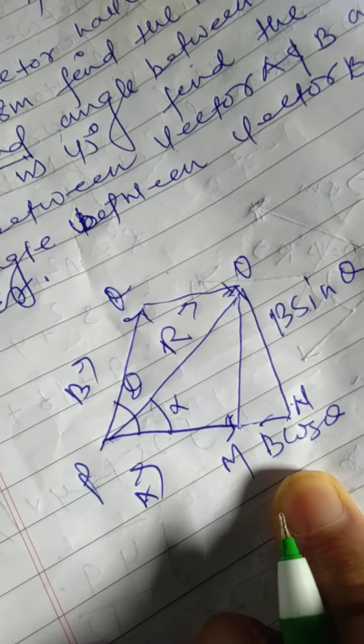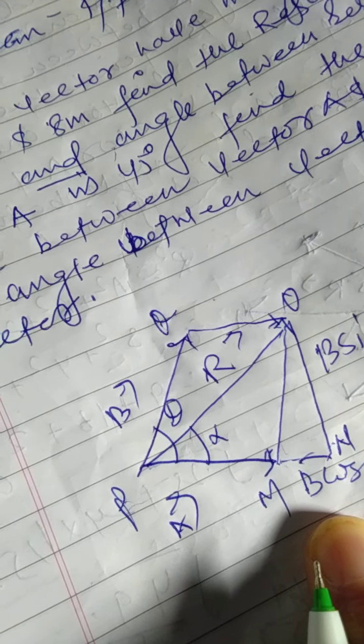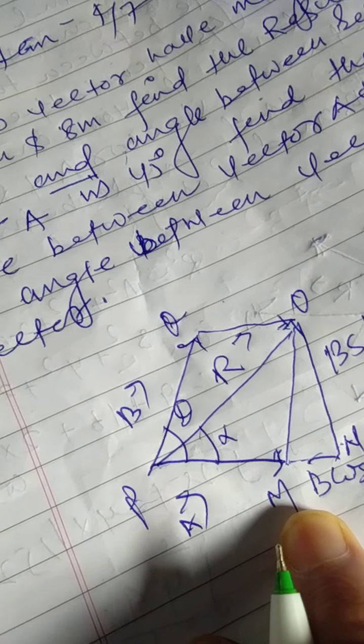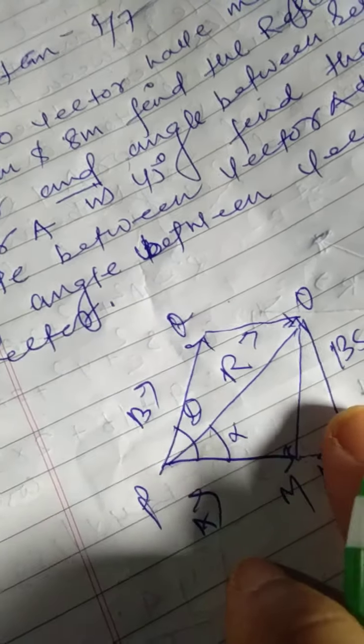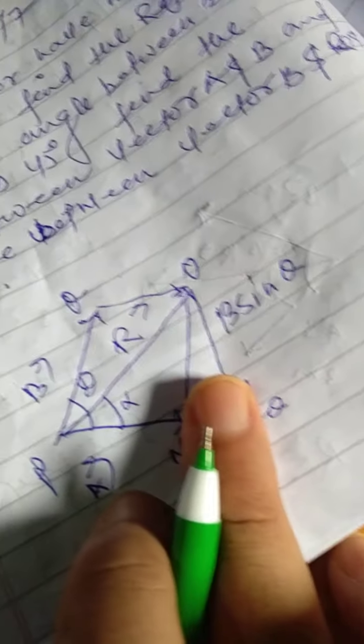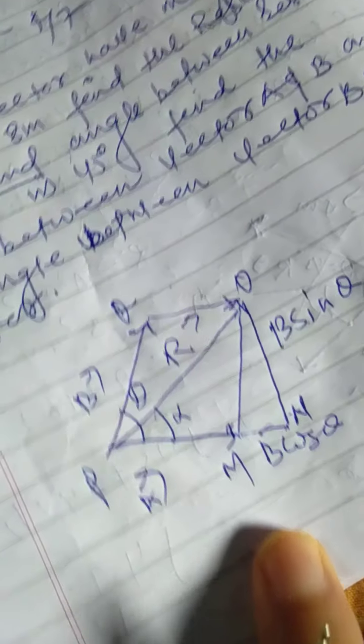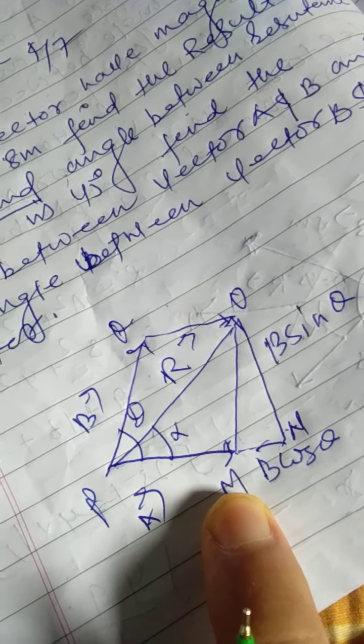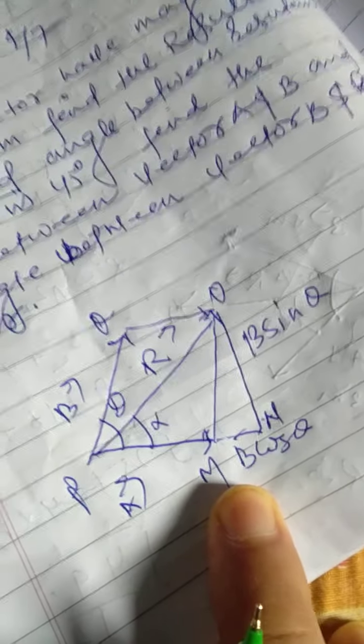PQ is equal to MO, and ON is equal to B sin theta, and MN is equal to B cos theta according to the parallelogram law of vector addition. Last time I already gave the proof of them.